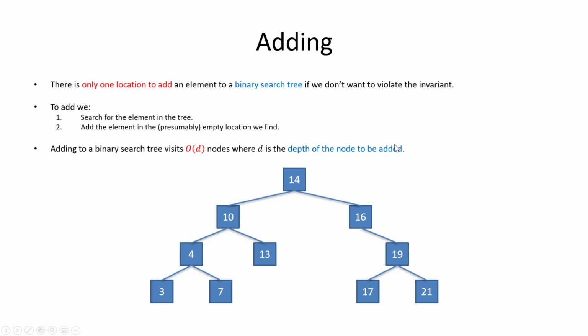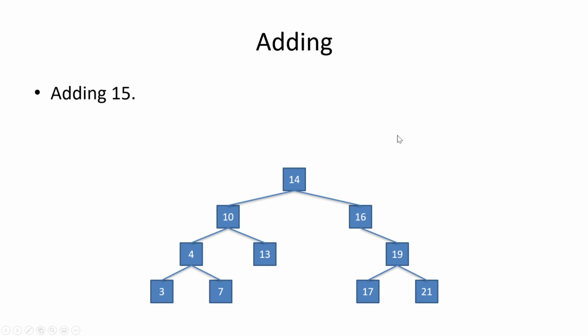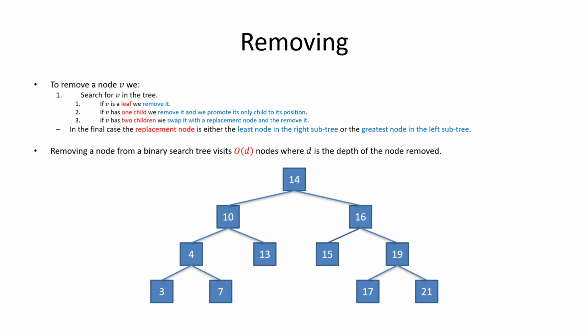So let's do a quick example with our node 15. We did a search for 15 before, and that brought us here. But with an add, we will add that new node in when we find that empty location. Okay, so adding is actually fairly straightforward.